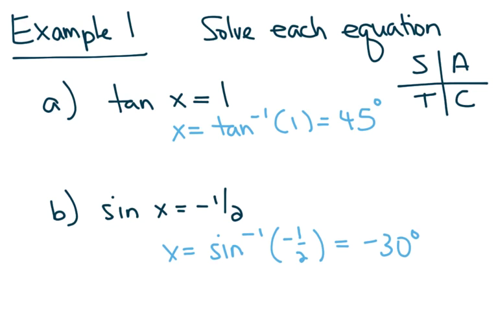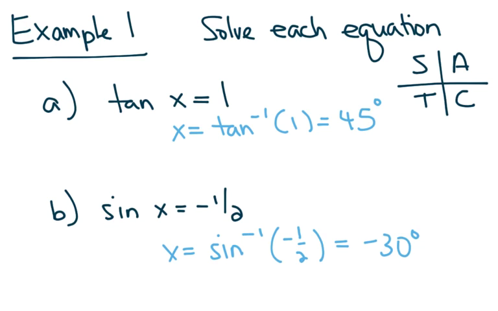The A means all of the trig functions are positive in Quadrant 1. The S in Quadrant 2 means that sine is positive, but everything else is negative. Quadrant 3 has a T for tangent. Tangent is positive in Quadrant 3, but everything else is negative. And the C in Quadrant 4 means cosine is positive in Quadrant 4, while the other two trig functions are negative.